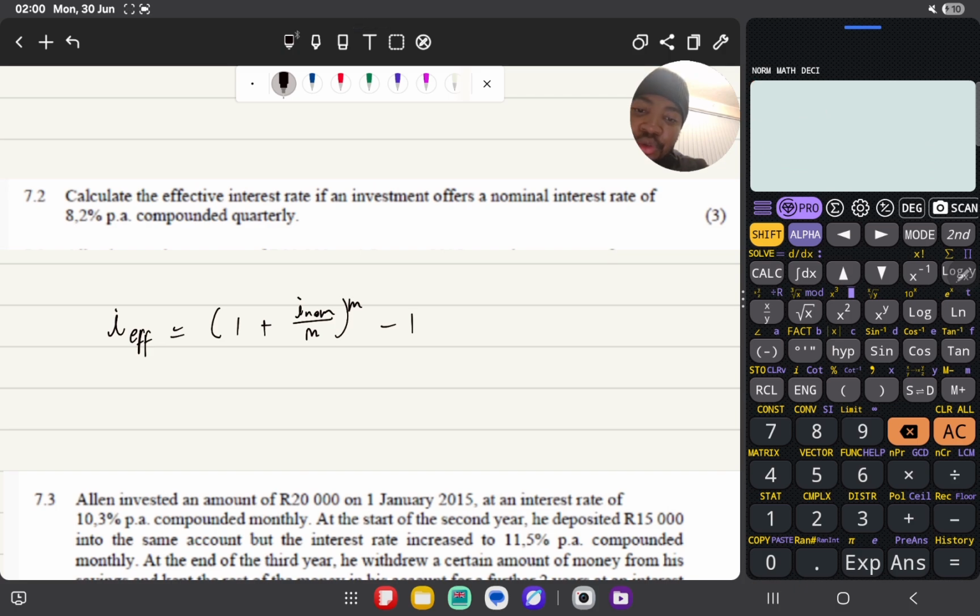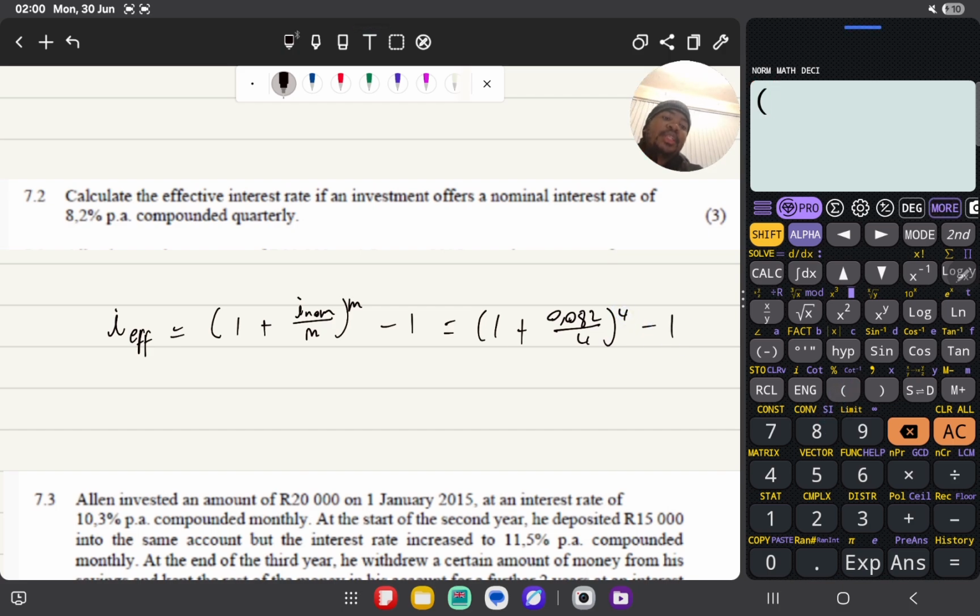So it's now substitution. We get 1 plus 0.082 divided by 4, to the power of 4, minus 1.